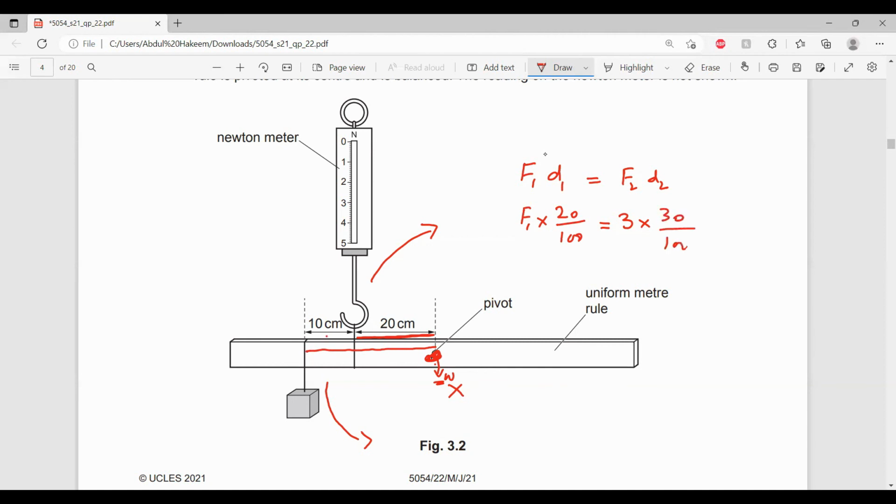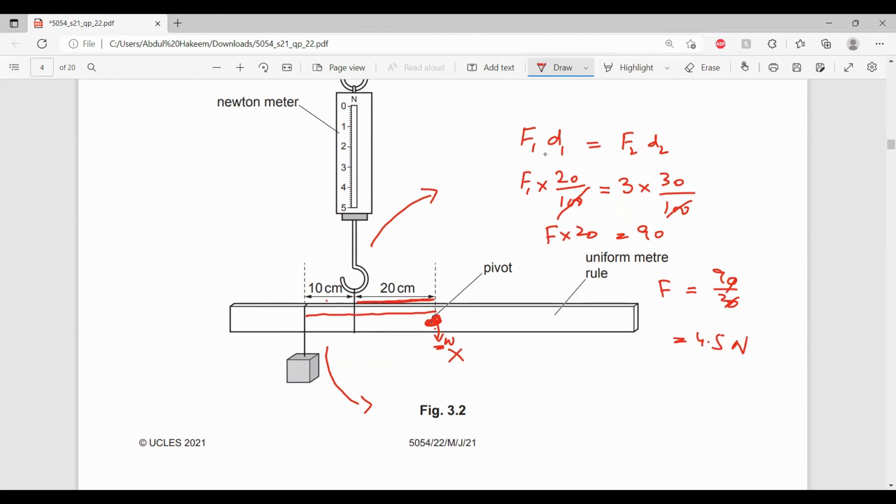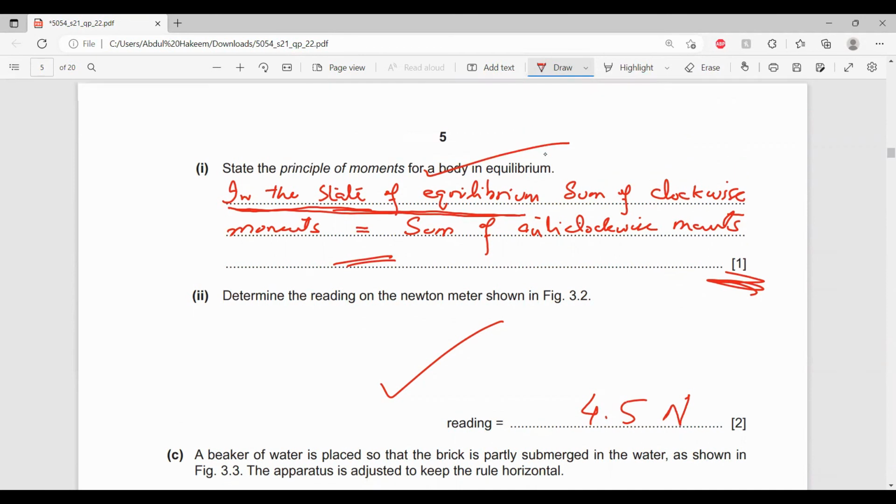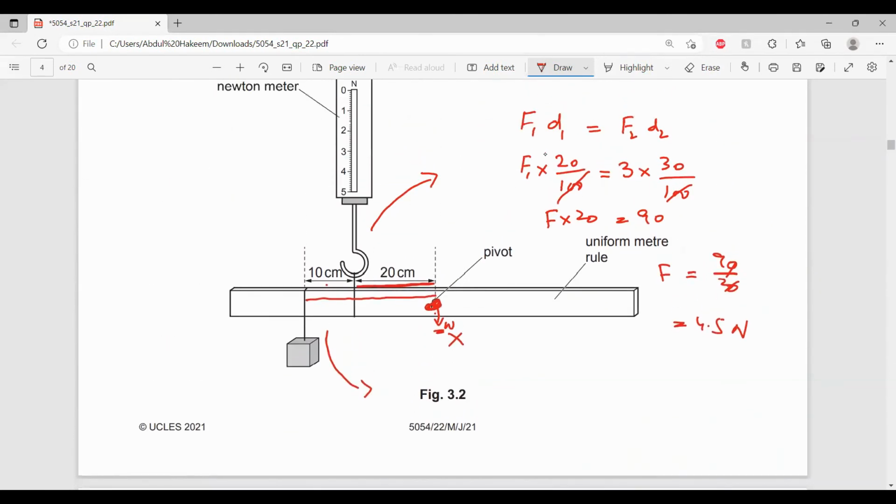So 30 divided by 100, 100 cancel. So this force multiplied by 20 is equal to 90, and F is equal to 90 divided by 20. So the answer is 4.5 Newton, but you have to write each and everything over here. So the reading is 4.5 Newton. This is the reading on the Newton meter.